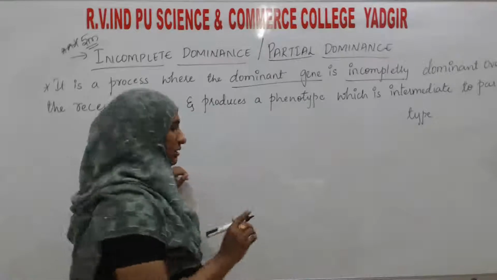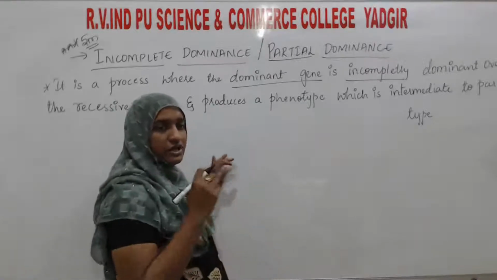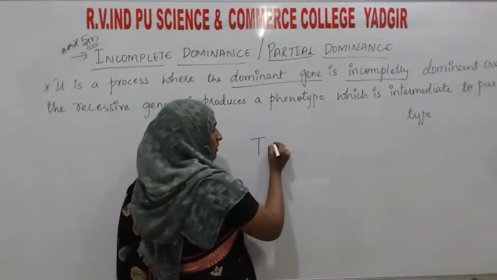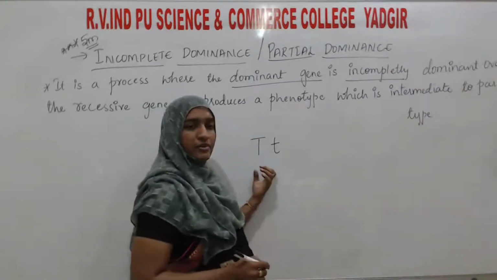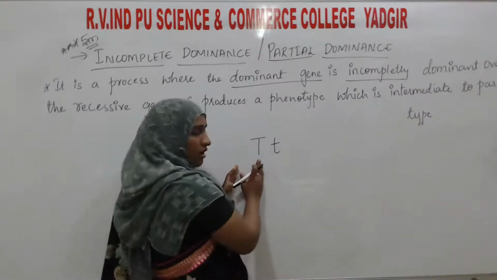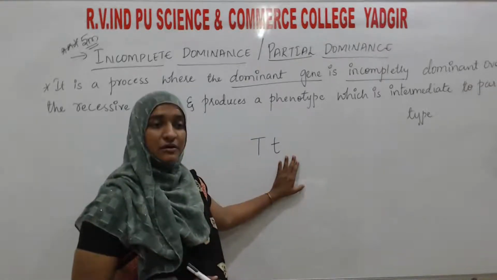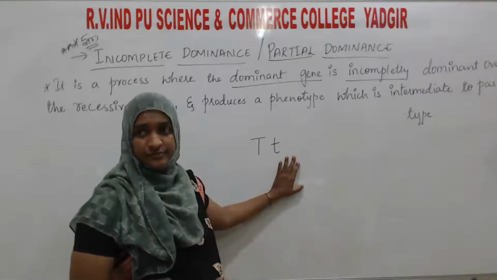Okay, see here, first we are taking height as an example. One is tall, one is dwarf. Here tall, capital T, is dominant, and small t is the recessive.